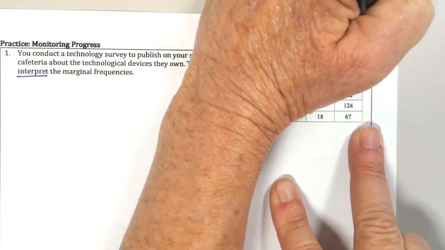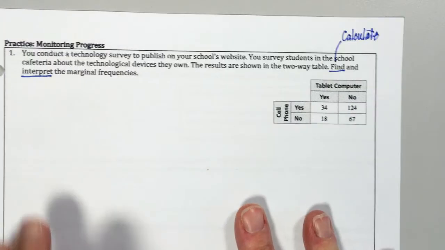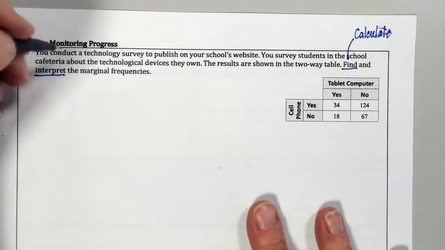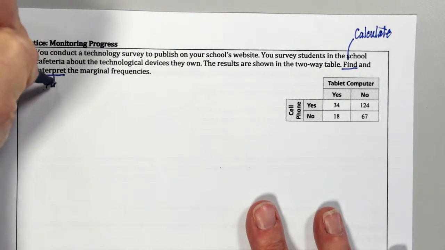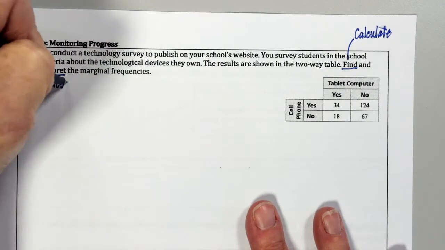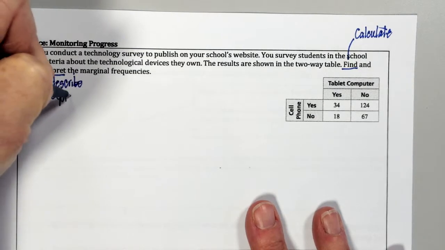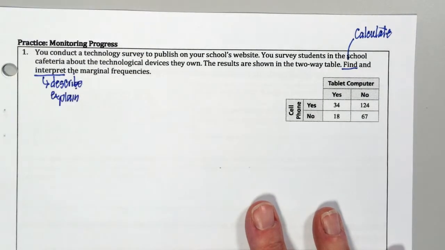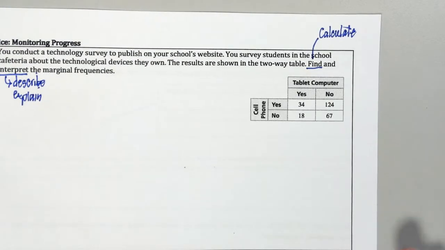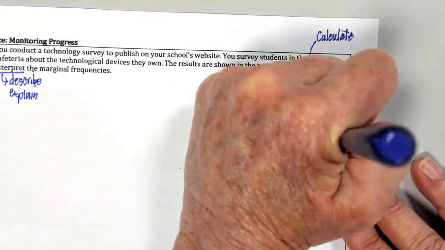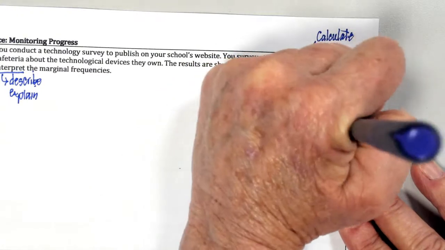And the other one here was interpret. So what does interpret mean? Interpret means to describe. It means to explain what the table is telling us about. So what I'm going to do is I'm going to actually input all of my marginal frequencies right now. So I'm going to go ahead and do that.